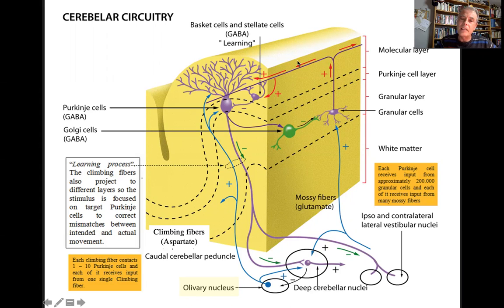And they are excitatory over two types of cells. One are the Purkinje cells, and the other are the basket cells that are GABAergic. These basket cells inhibit the Purkinje cells, so it's a regulation process of the activity of the Purkinje cells.